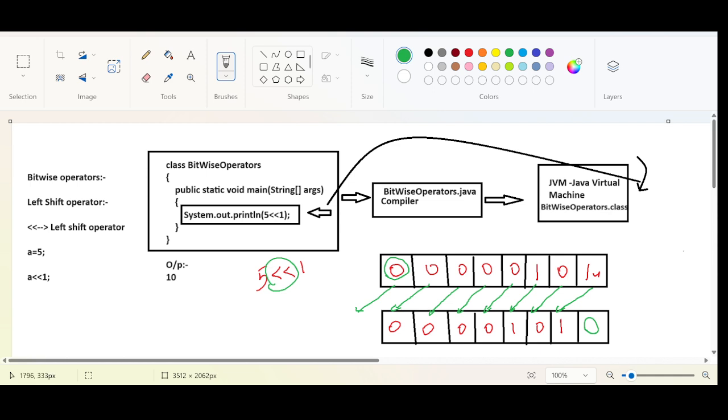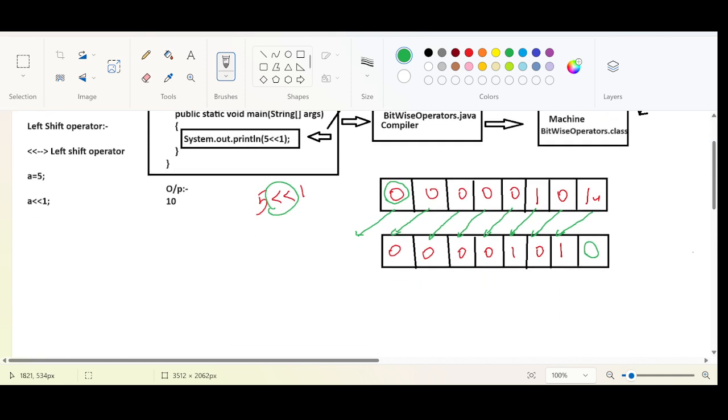Right? Now you convert this number to the equivalent decimal number. What is the equivalent decimal number for this particular binary number? Very simple. This is 2 to the power of 0, this is 2 to the power of 1, 2 to the power of 2, 2 to the power of 3, and so on. Everything else is going to be 0. Consider only the positions with a bit value of 1.